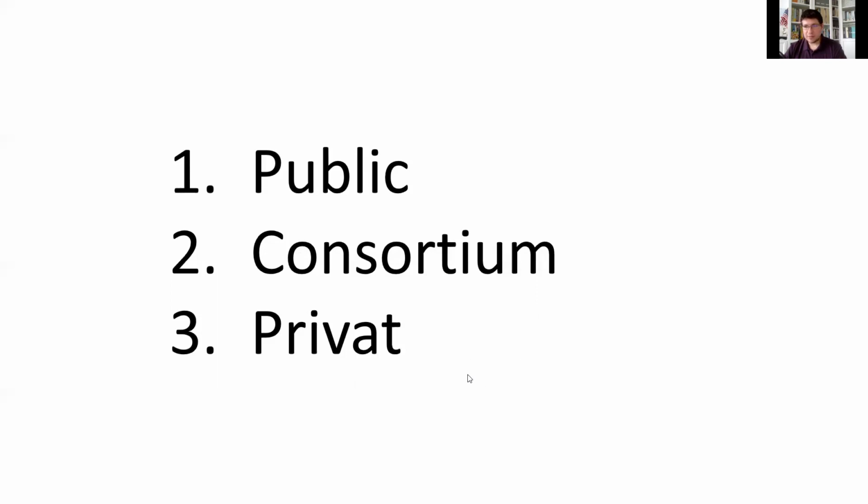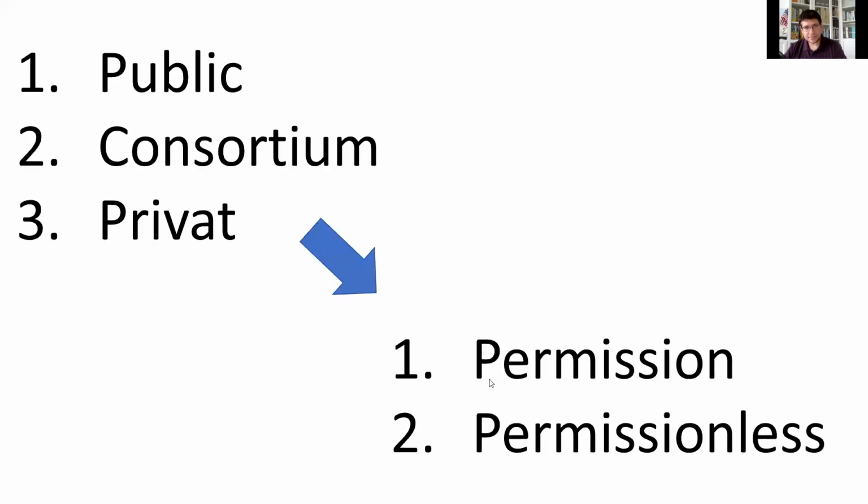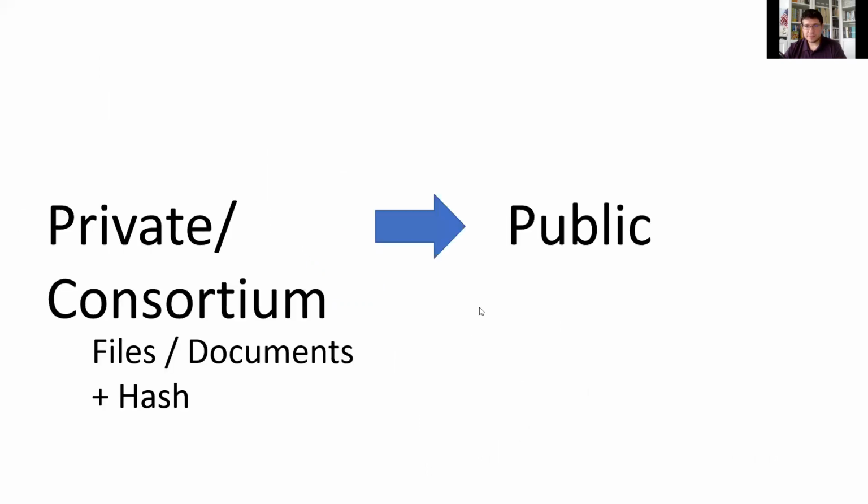So that's really a private solution for one entity. Those blockchains can be run permissioned and permissionless, meaning that, again, you can give everyone in the consortium access, or some people can write data in the blockchain while others just have the permission to look into the data.